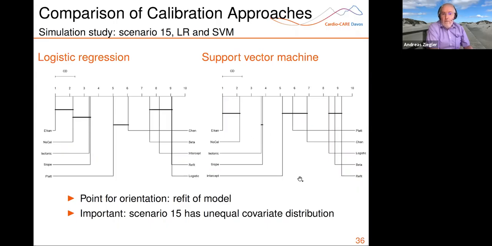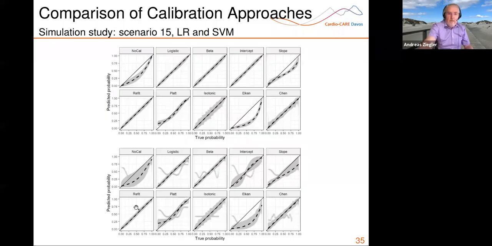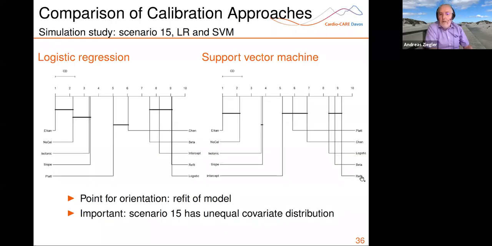And when you think about the support vector machine, look at these figures once again. Refit was doing incredibly well, and this actually turns out to be the best approach here. When you look at the critical difference, then next best was beta calibration. Logistic calibration forms a homogeneous subgroup, and all others are bad. So the results are, when you look at this machine-specific results, very similar.